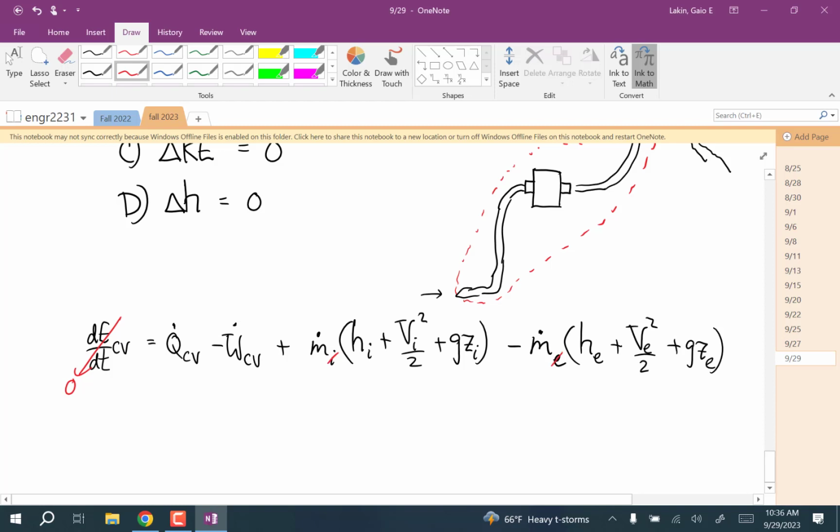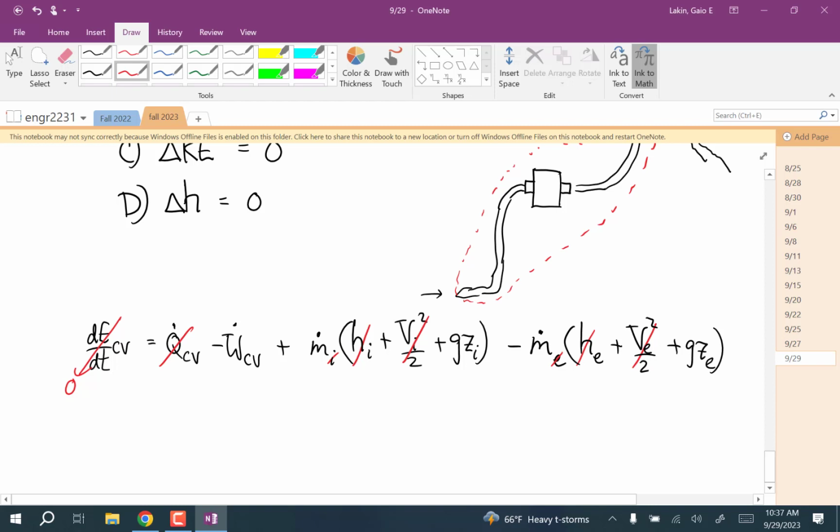It's just an m dot. That's all because of steady state. We're assuming that there's no heat transfer. The work is electrical work coming in. We're assuming that the two kinetic energy terms cancel out, and we assume that the enthalpy cancels out.